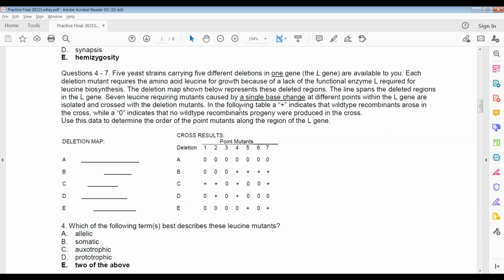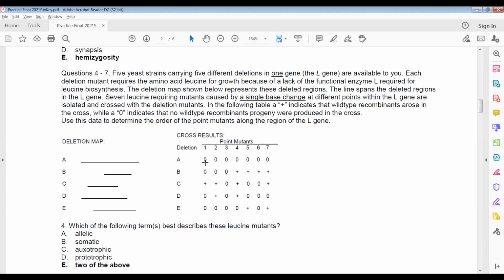Now in the table, we use a plus sign to indicate that wild-type recombinants arose in this cross. For example, if we cross deletion A with single base mutant 1, we see 0.